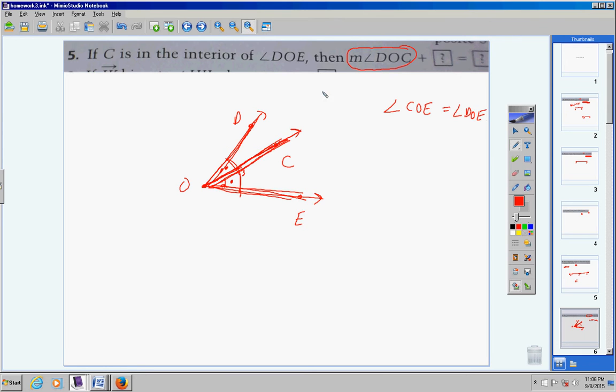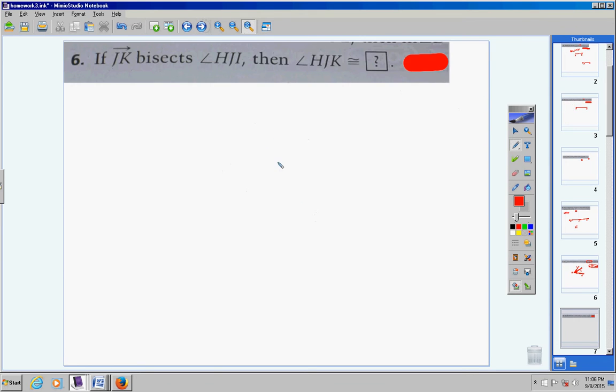Even though the answer is not up here, that is the correct answer. So angle COE plus angle DOC equals the entire angle DOE. That's called the angle addition postulate. Number 6. JK bisects angle HJI. So here's angle HJI.